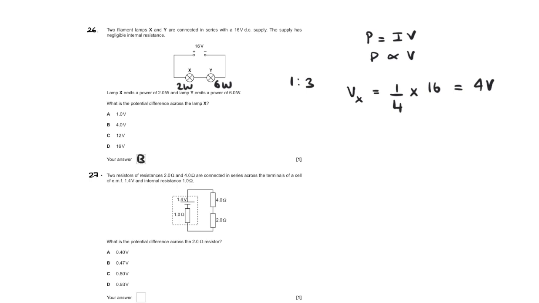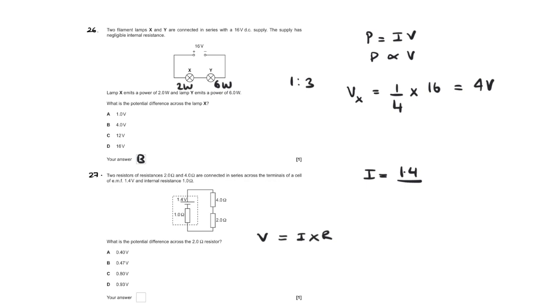Therefore B is my answer. For question number 27, we are given two resistors of resistances 2 and 4 ohms connected in series, and EMF is 1.4 volts with internal resistance of 1 ohm. What is the potential difference across the 2 ohm resistor? Not too bad. I need to work out voltage, and I know V is equal to I times R, so I know the R, I just need to work out I. I is going to be the same because this is a series circuit, so I can work out the total current by doing the total voltage of 1.4 volts divided by the total resistance.